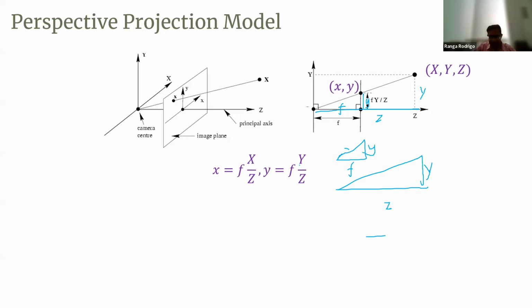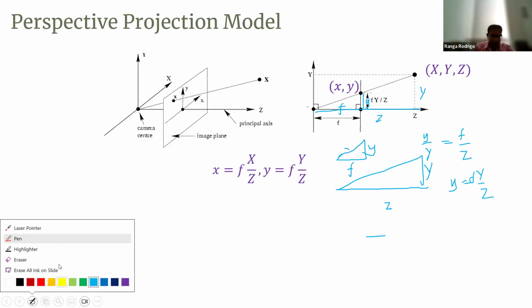So you can see the ratios must be the same. So we can say y divided by Y is equal to f divided by Z. So small y therefore is equal to f times Y divided by Z. So it's a very simple formula. This is how you compute the height of the image. All these coordinates, capital Z, capital Y, capital X, small y, f, all are in meters or millimeters. This is fine.